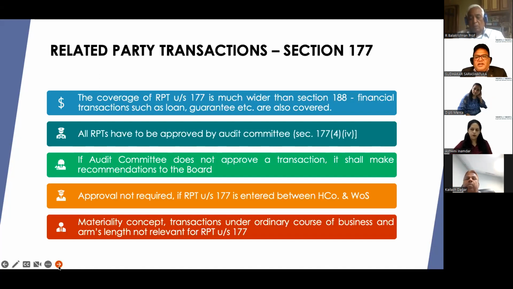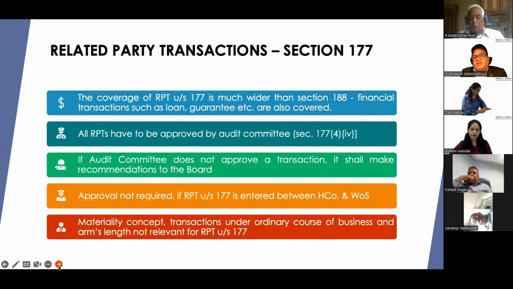Second scenario, the audit committee is not approving the transaction and has disapproved it. They say, no, we don't agree with this transaction. Now the question comes, can the board take a call? Can the board approve it? There is a school of people saying that no, because of 177 subsection 4, if I am not wrong, it says that the audit committee has to approve. Some wording is there.